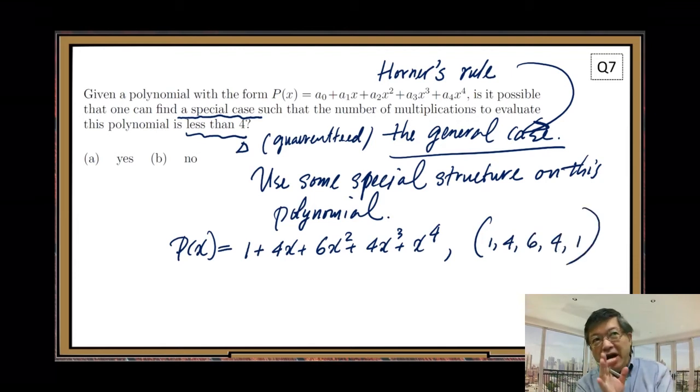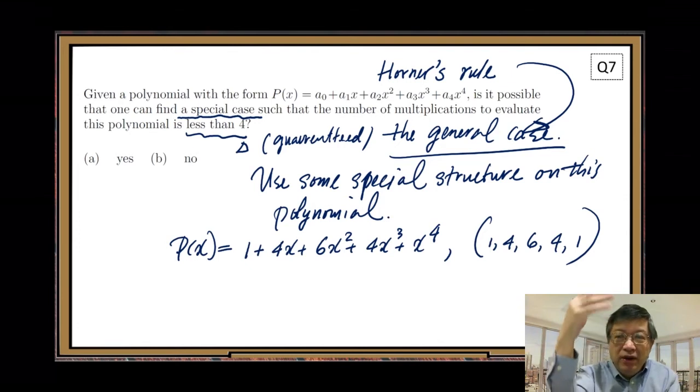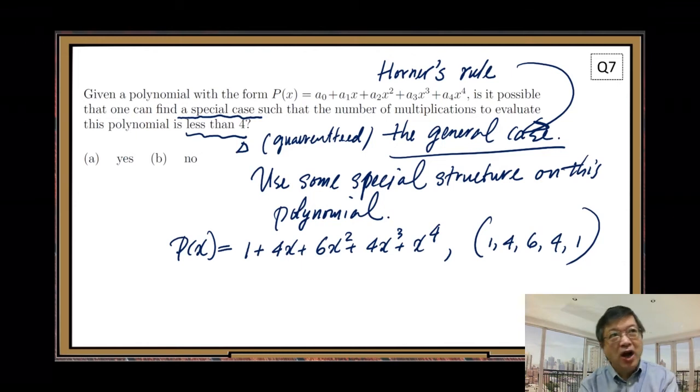Can you recognize this set of coefficients corresponding to some very famous numbers? Binomial numbers, combinatorial numbers. Pascal triangle. Do you have some knowledge about Pascal triangle?